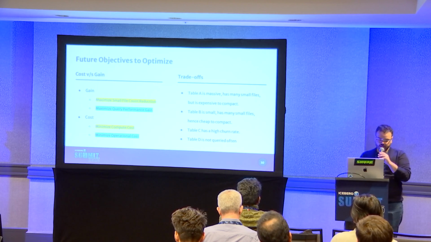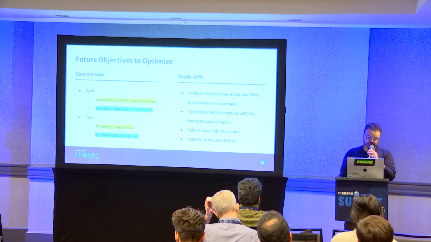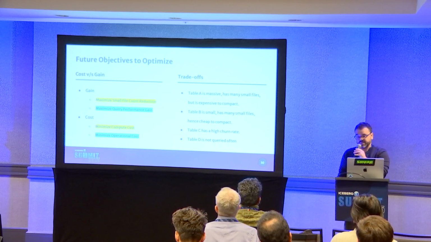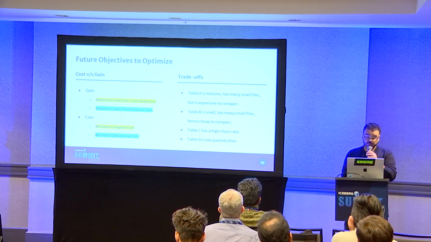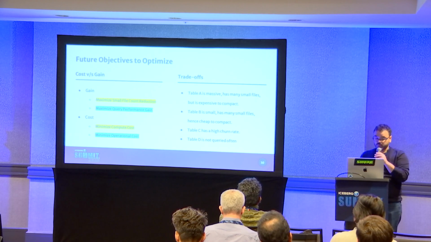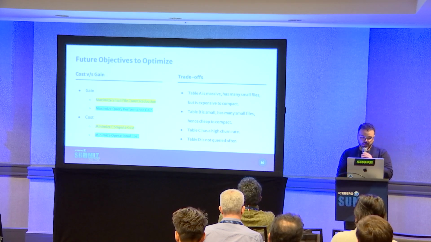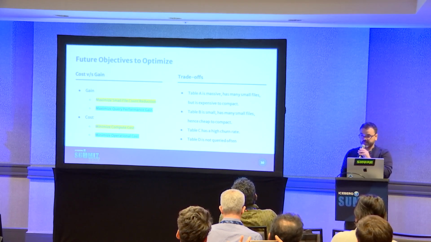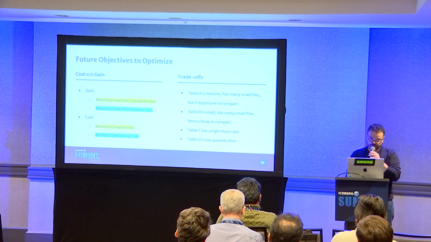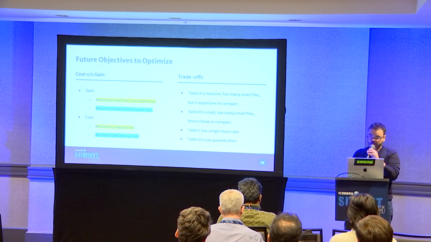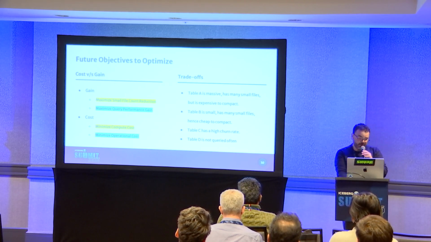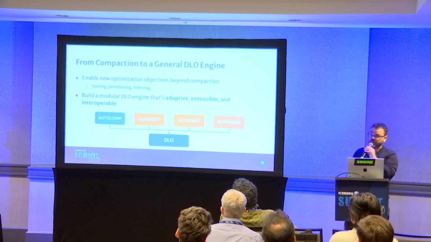So things that we're looking at is, for instance, maximize query performance gain or minimize cost, taking into account as well the operational cost. And again, there is not one size that fits all, so there will be different trade-offs. And one thing that is exciting also here is to see how we are going to balance between all these different factors, right?